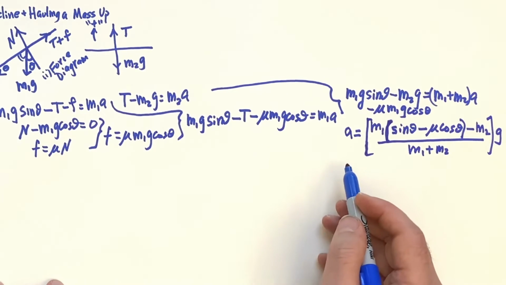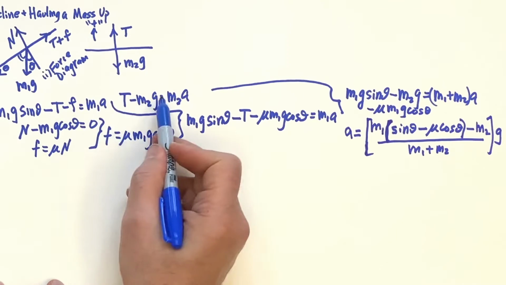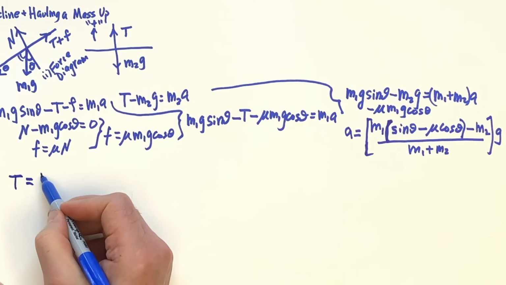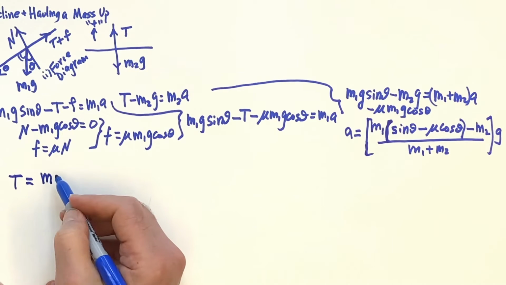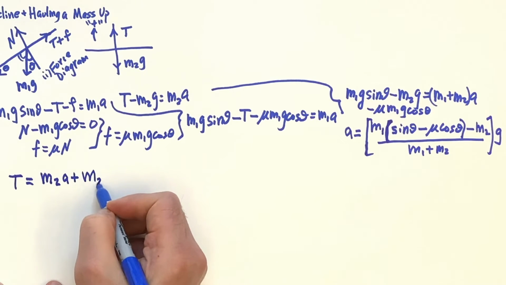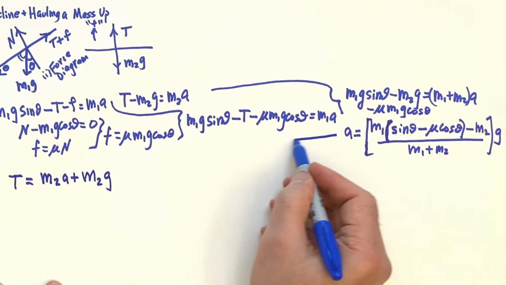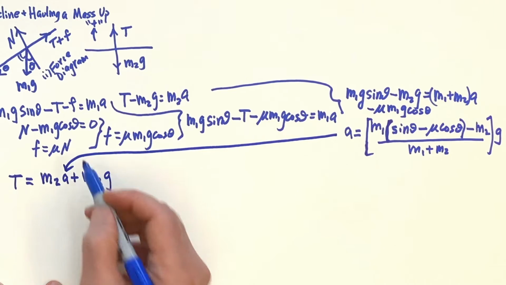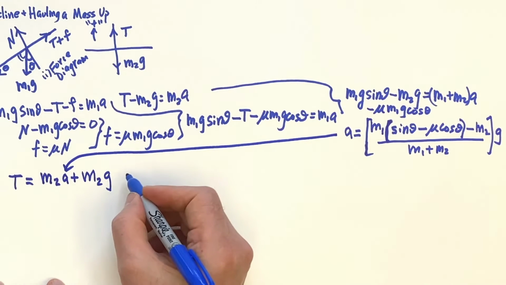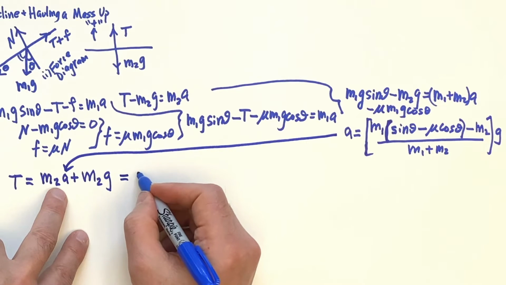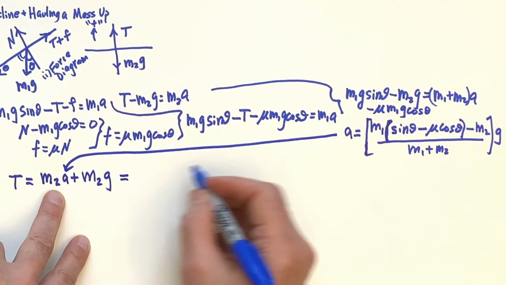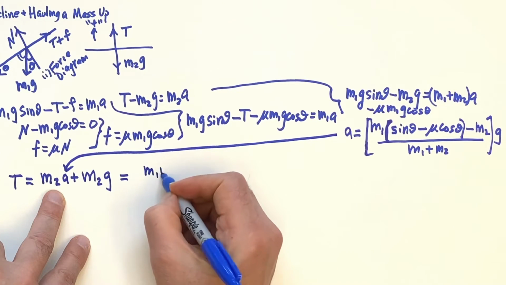So now to find the T, this looks like the easiest equation right up in there. So T is equal to M2A plus M2G, and then the A has to go in there. So we got some algebra here to do, and this is going to equal, we'll go ahead and have here M1 times M2.